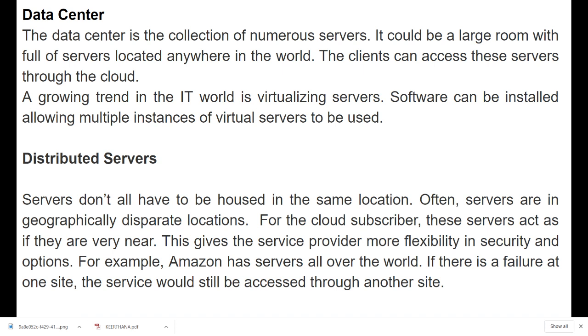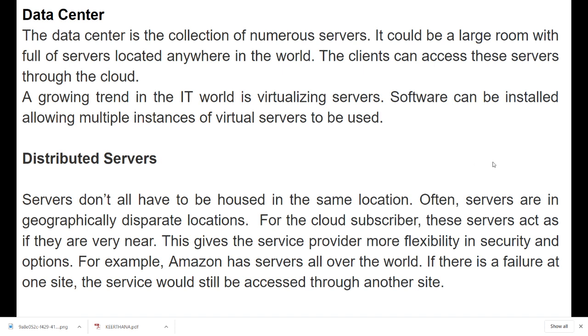The servers don't all have to be housed in the same location. Often the servers are in geographically disparate locations. So these are the three components of cloud: client, data center, and distributed servers.